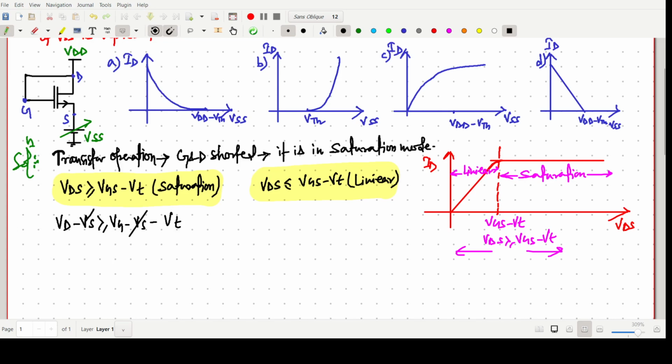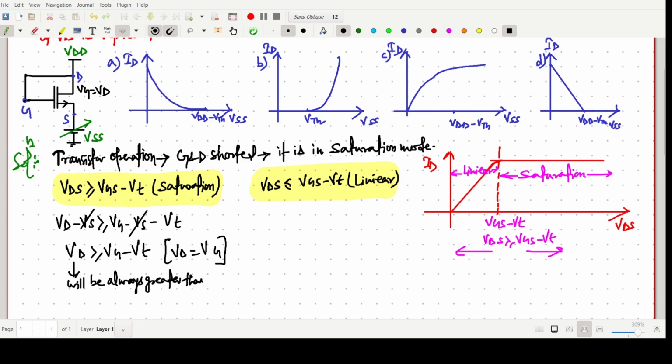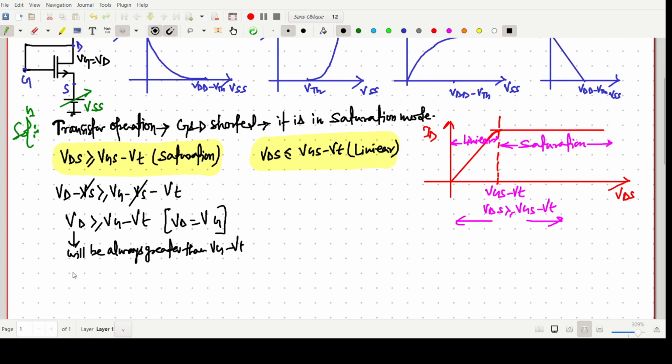Source is common, so it cancels, and VD is greater than VG minus VT, where VD equals VG, the same potential. So VD will always be greater than VG minus VT. For example, if VD is 5, then 5 is greater than 5 minus, suppose, 0.2 volt.